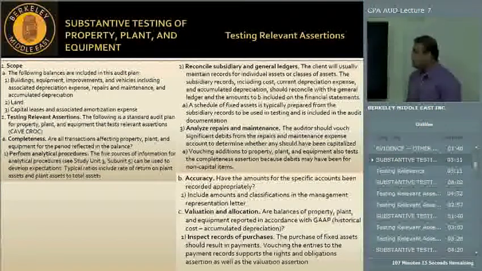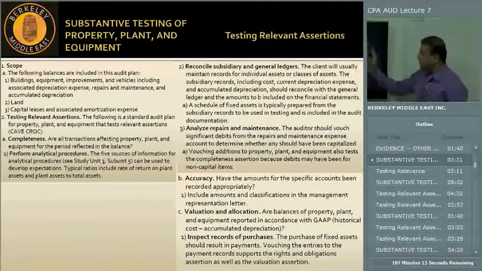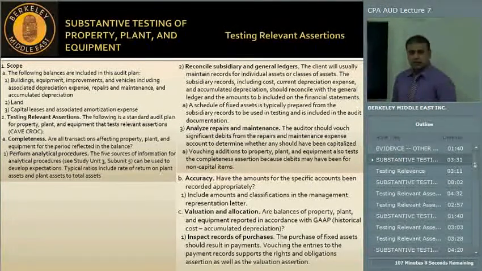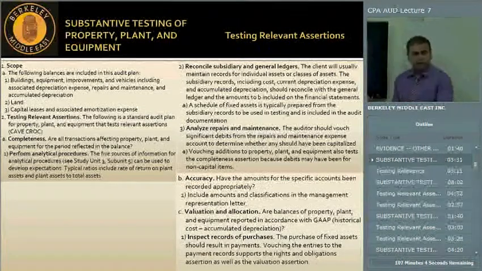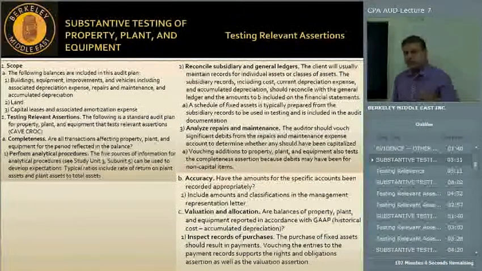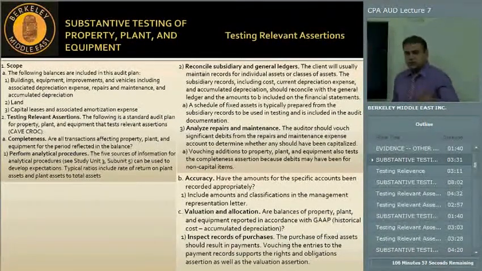Let's start the discussion. First of all, what is property, plant and equipment? This is the non-current asset, and surely you have this asset. There will be some purchase invoices, then it will be physically placed somewhere and you have to depreciate it over the year.